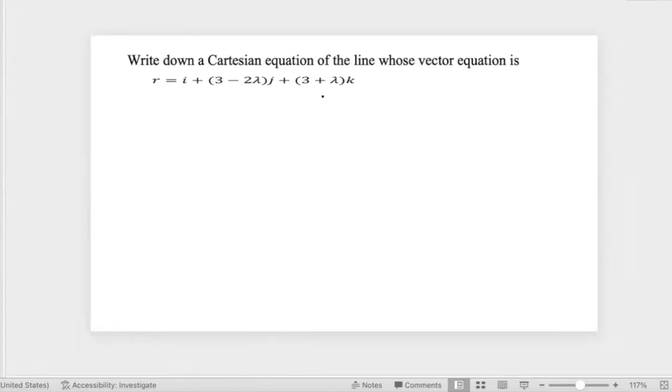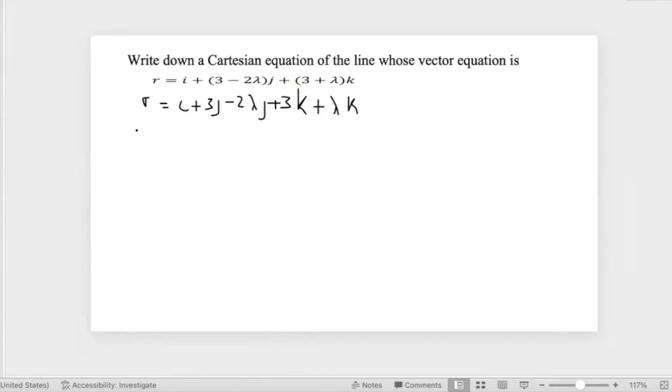The next one, you have to write the Cartesian equation, but you do not see the position and the parallel vector, so we have to first expand and simplify. Expanding this bracket, we'll have 3j minus 2 lambda j. Expanding here, you'll have 3k plus lambda k.